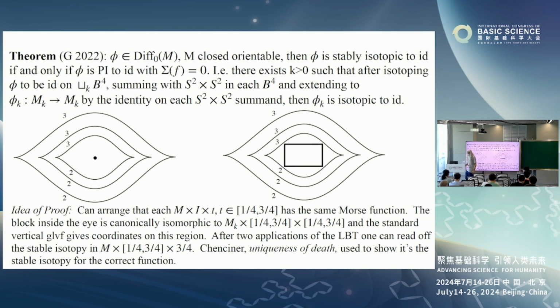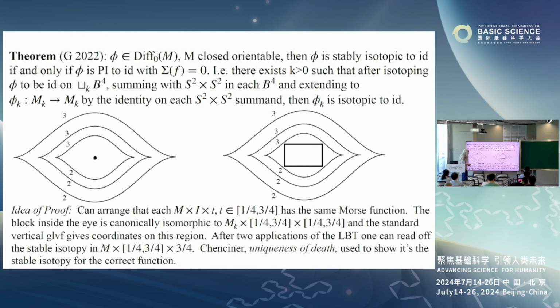Well, okay, let me just say, take my word for it, that you can arrange this picture, using two applications of the light bulb theorem, so that you start with standard green and red spheres here, and then when you get to here, you're back exactly to the standard ones.